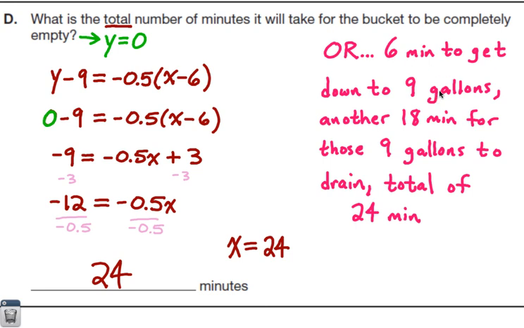Now, isn't it going to take another 18 minutes for that remaining 9 gallons to also drain? It's not that tough to figure out that it's going to take another 18 minutes to drain the rest of the way, and 6 minutes plus 18 minutes is 24 minutes. Remember, they want total. So that's that.